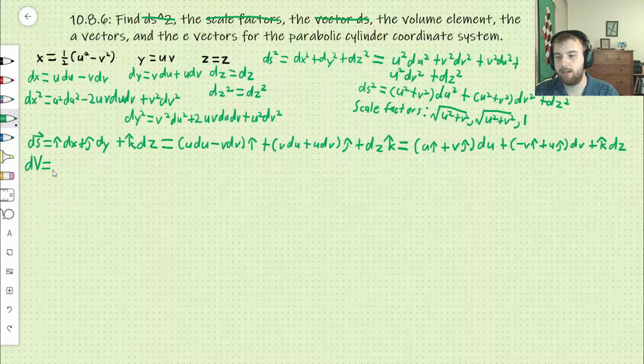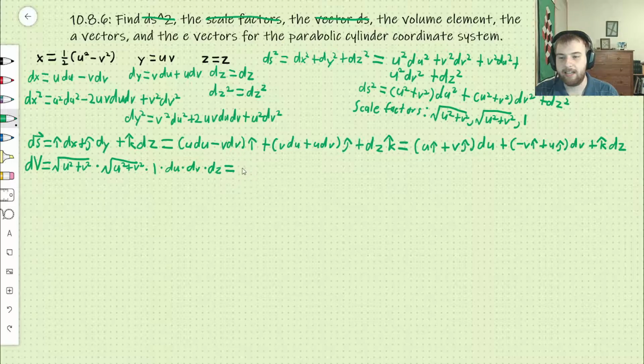So that's going to be the square root of u squared plus v squared times the square root of u squared plus v squared times 1 times du times dv times dz.